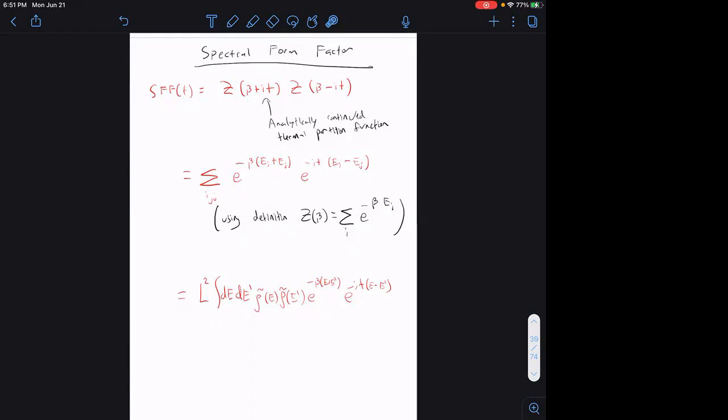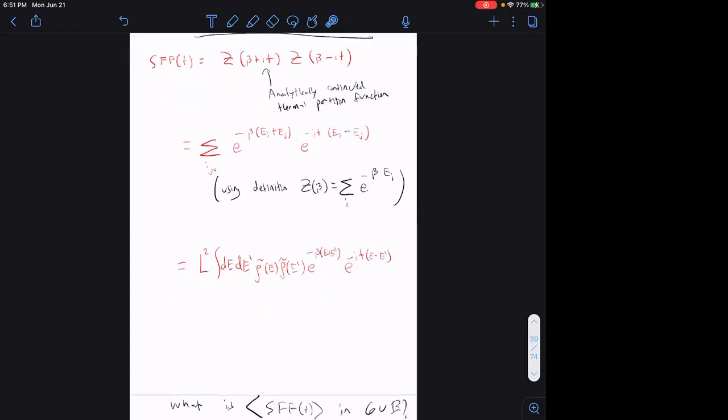We can furthermore write this discrete sum over energies as an integral over energies weighted by the densities of states. If you change variables from E and E prime to energy sum and energy difference, this part looks like a Fourier transform with respect to the energy difference.